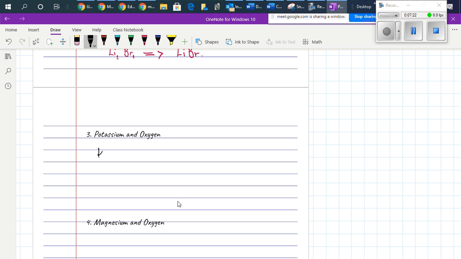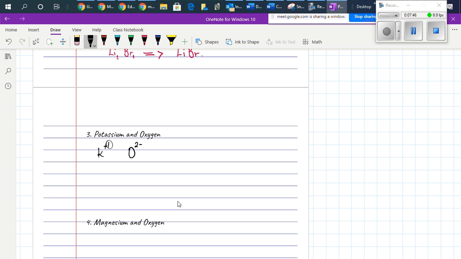Potassium and oxygen. Potassium is K+1. Oxygen is in the 16th group. So that means that we'll have 6 electrons in the outer shell. So when it completes the outer shell with 8, it will be 2-.